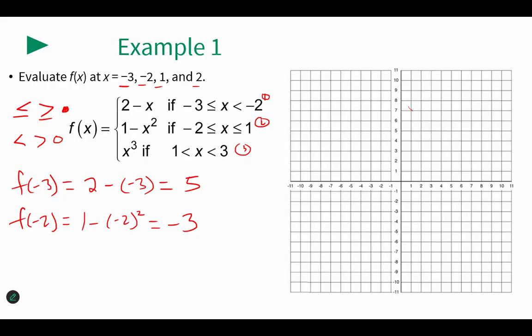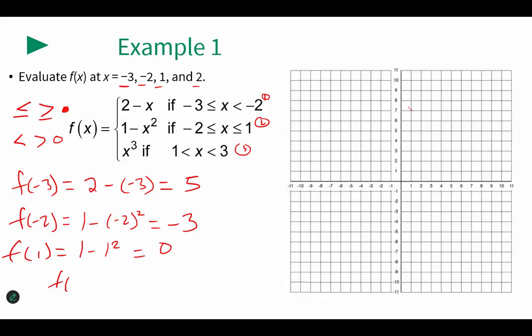Yes? Okay. All right, now we're going to do f of 1. F of 1 is defined on which interval? It's also defined on interval 2 because that's where it's equal to, correct? So we're plugging 1 into interval 2, which gives us 1 minus 1 squared, which is 0. Then we have f of 2.